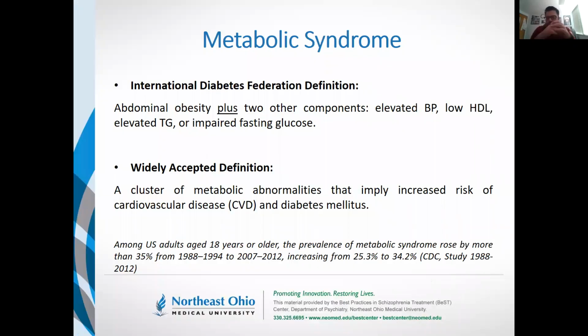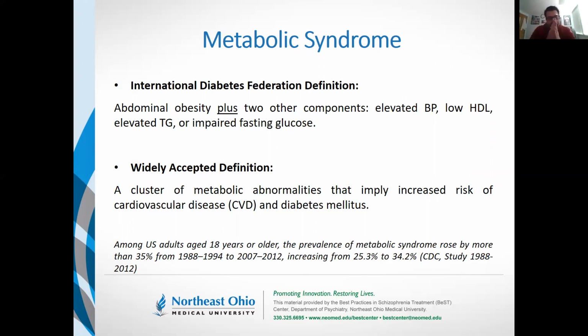Okay, so metabolic syndrome. Before I get into this, it actually started off as a concept in the 1920s that saw that there was a link between high blood pressure, high glucose levels, as well as gout. And then in the late 1940s, that's when they started incorporating visceral obesity, or just that central obesity that we're going to talk about.